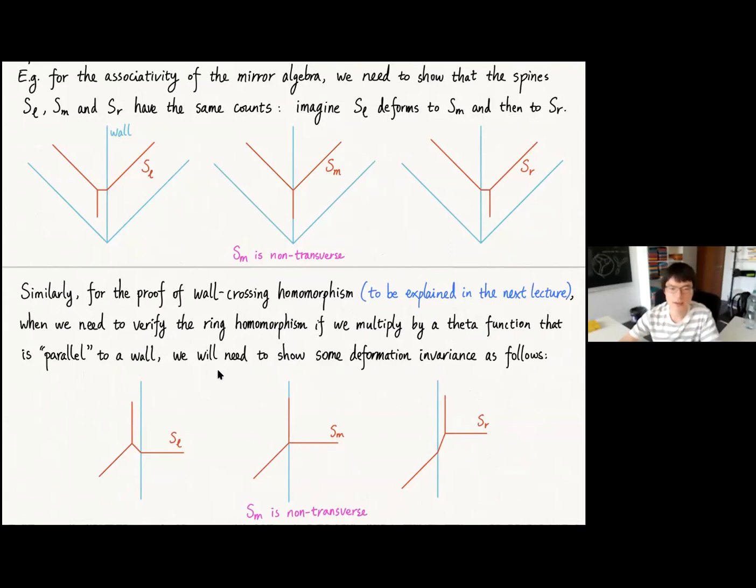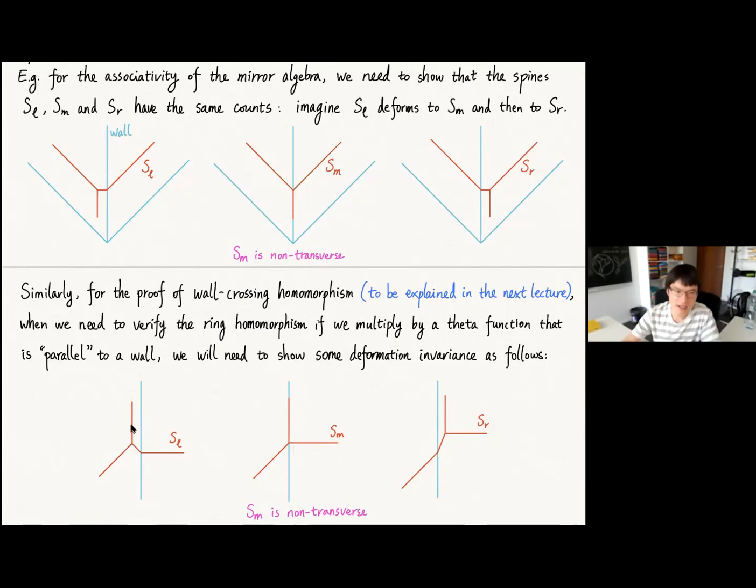We will need to show some deformation invariance as follows. So we want to show the deformation invariance associated to such a spine when we move it across the wall. This is important for showing that the wall-crossing transformation is a ring homomorphism.